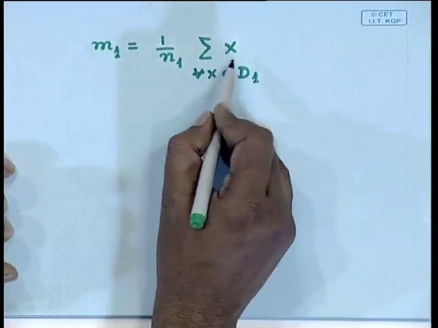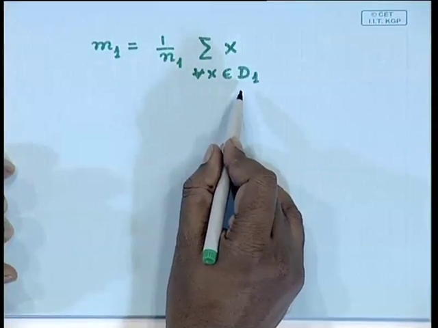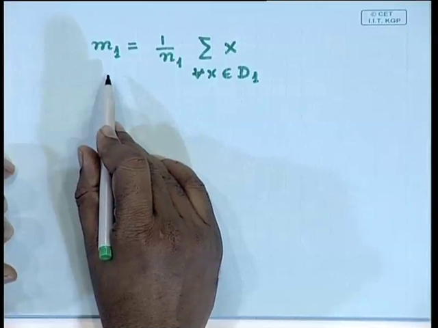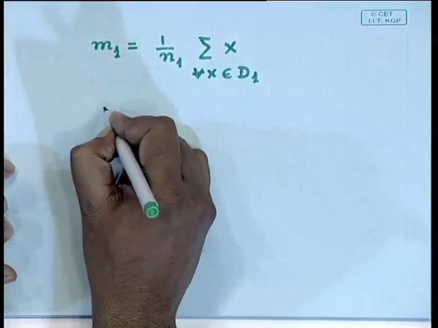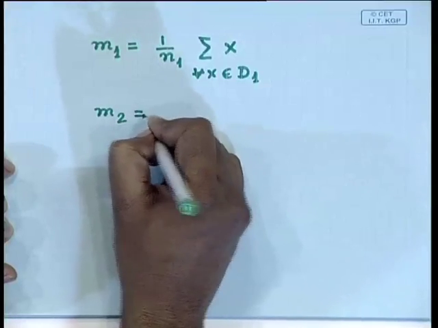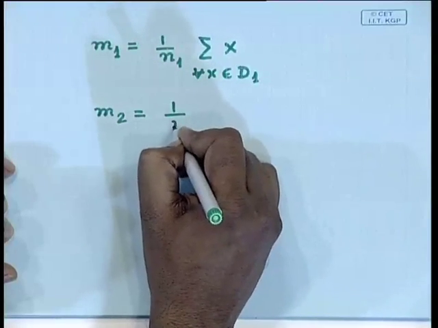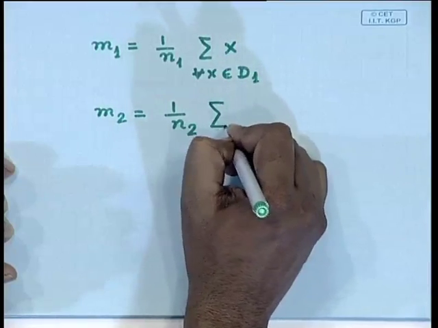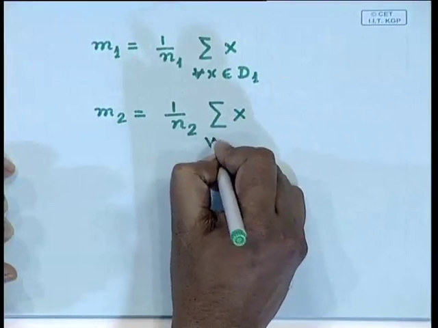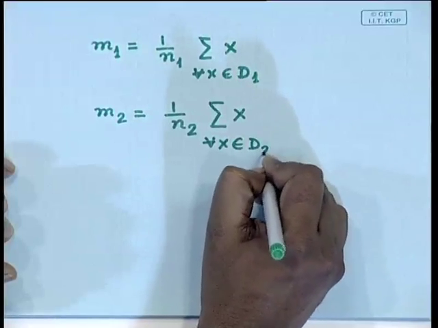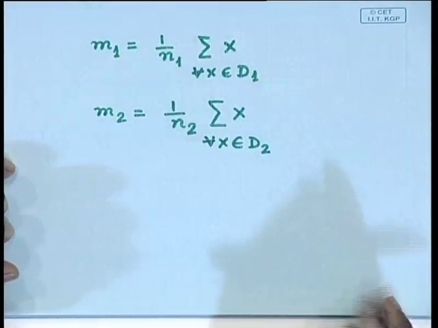I take all the samples from set D_1, and the average of that gives me the mean M_1. Similarly, M_2 is nothing but 1 upon n_2 times the summation of x for all x in set D_2. Is that okay?